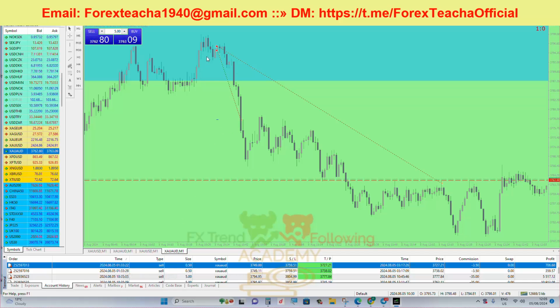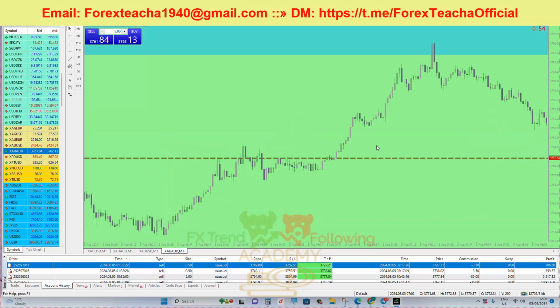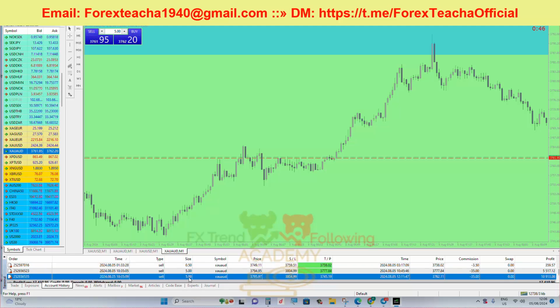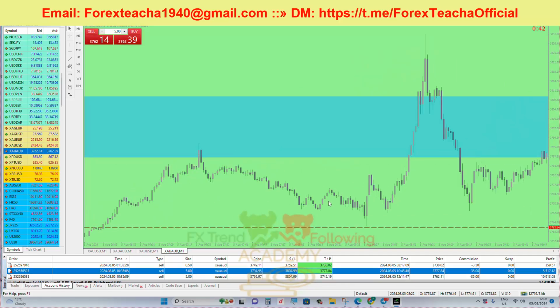That's why I just placed those trades and then I went back to sleep. When I woke up, I found that take profit number 1 and 2 were hit on the first trades, this one with the 0.5 lots. And then I decided that since I'm awake, I can actually manage these trades. So I was looking at the market playing out on these trades, which you see right here.